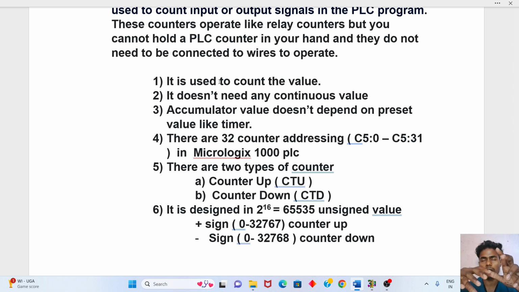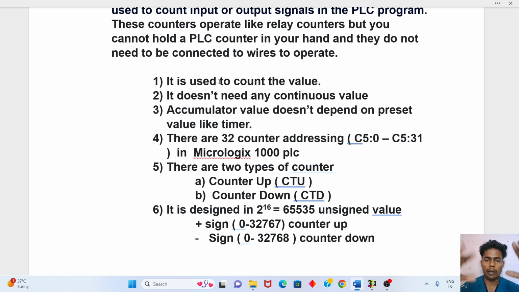Counting the value means that any logic is going on, any program or any operation is going on, and it counts the value. And second, PLC counter does not need any continuous value. Giving a continuous value is not required.